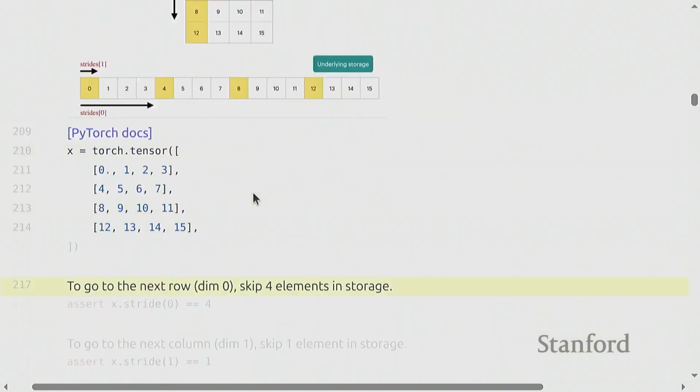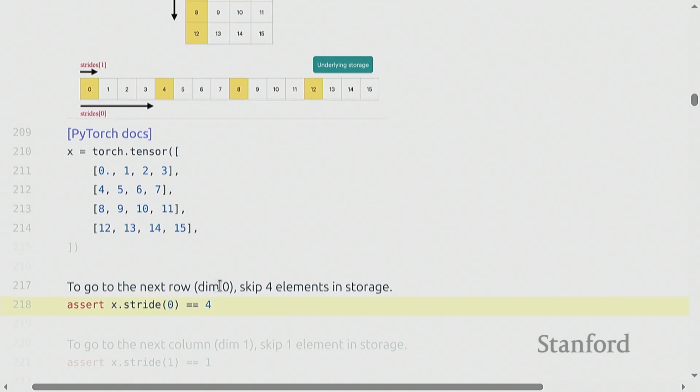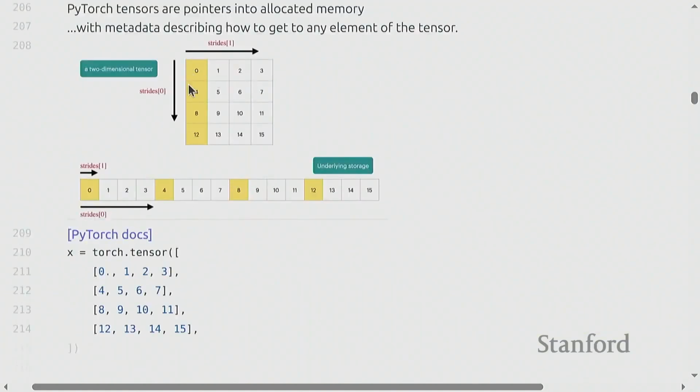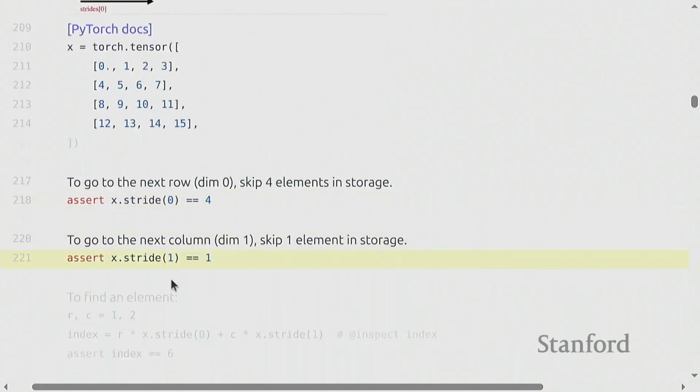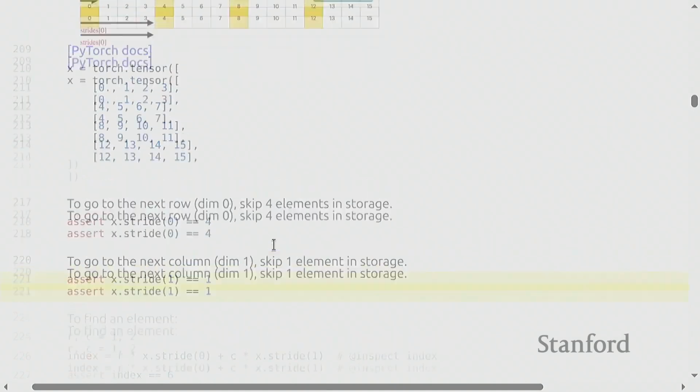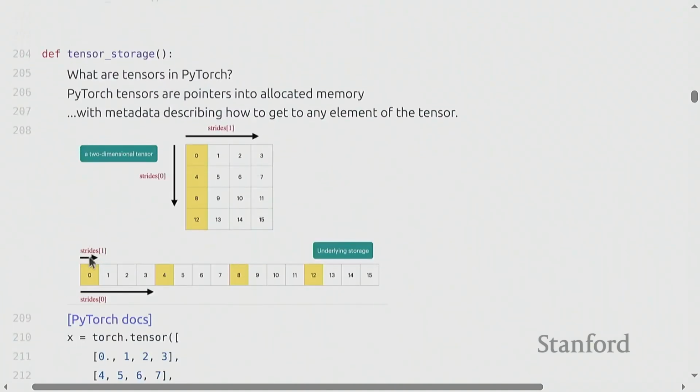Stride 0 specifies, if you were in dimension 0, to get to the next row, to increment that index, how many do you have to skip? Going down the rows, you skip 4. So stride 0 is 4. And to go to the next column, you skip 1. So stride 1 is 1.